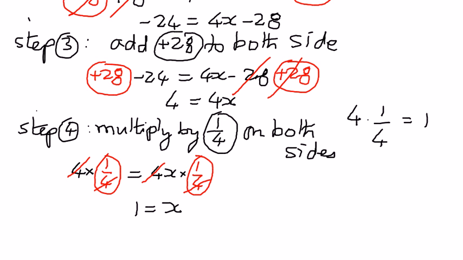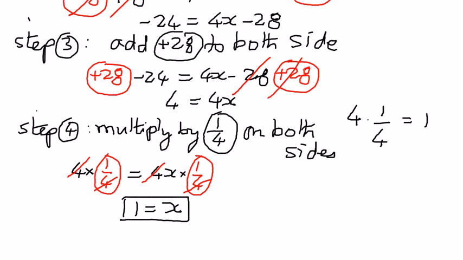So the value of x is equal to 1. That is what we have arrived at. This is the way we want to be able to solve these types of linear equations using the addition property, using the multiplication property. This example is telling us that we may have to use these properties several times in this process to be able to arrive at the final solution.